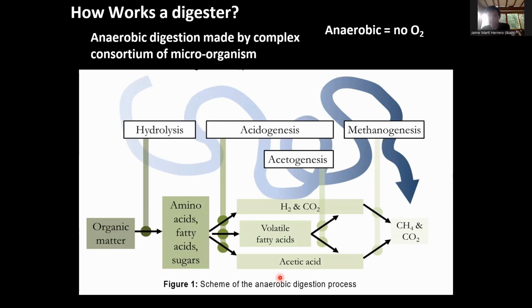What we need is a consortium of microorganisms that are able to treat the organic matter and transform it to methane. And this is happening without the presence of oxygen. Those are the conditions to produce methane from organic matter.